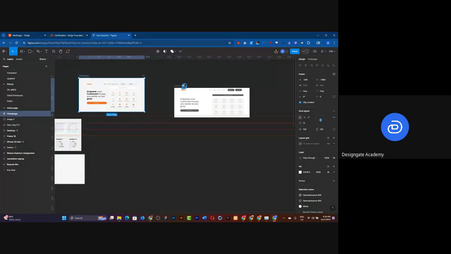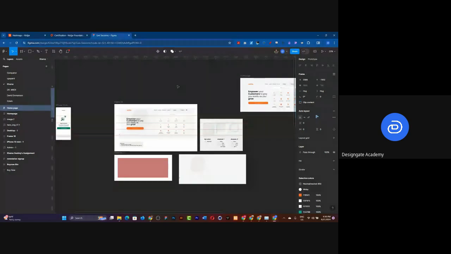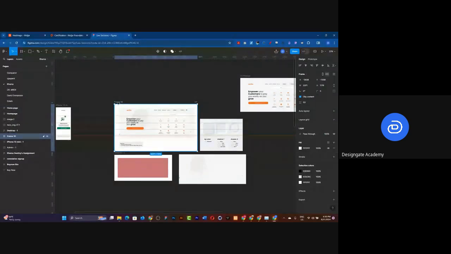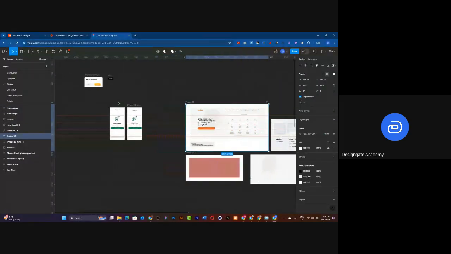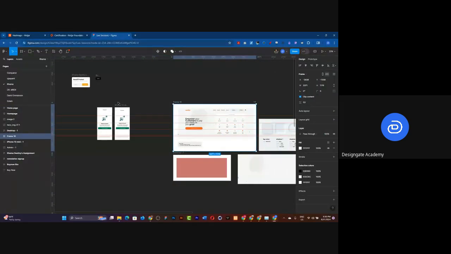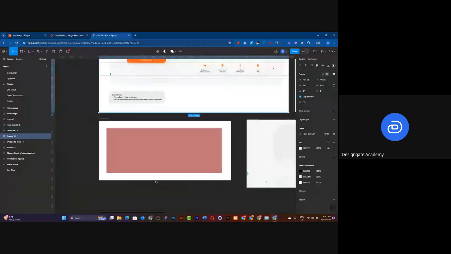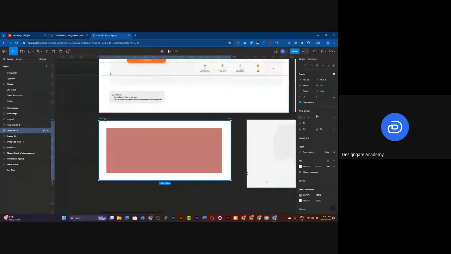I think this is Rema's. Where is the Rema design? Is it this one? I don't understand. I even gave you people what to use now. I told you, see, 1440. I even gave you the grid to use so that the design will be easy.